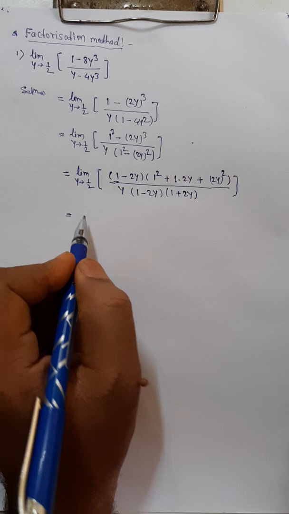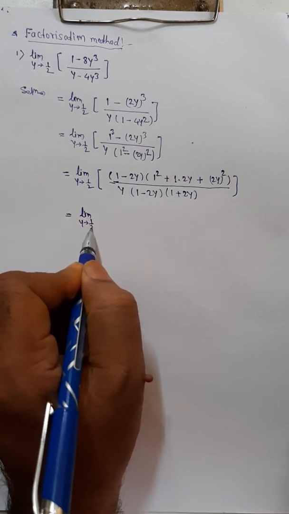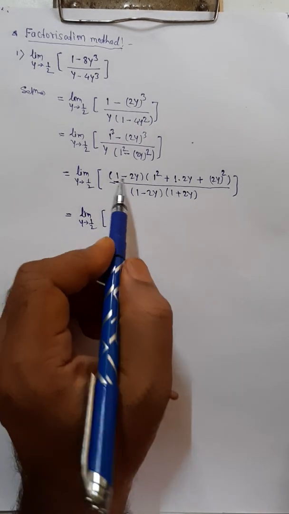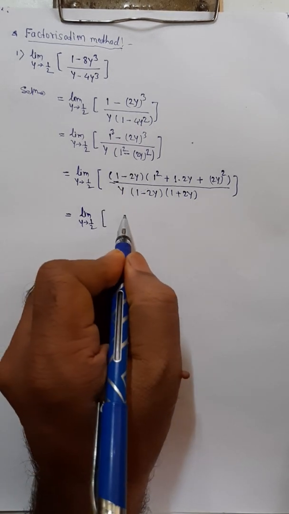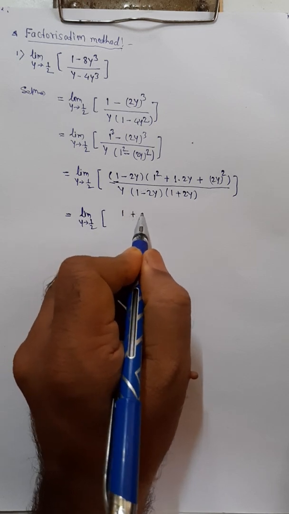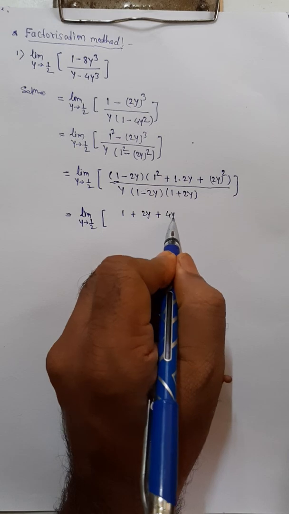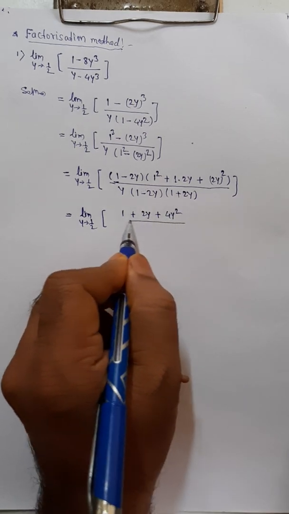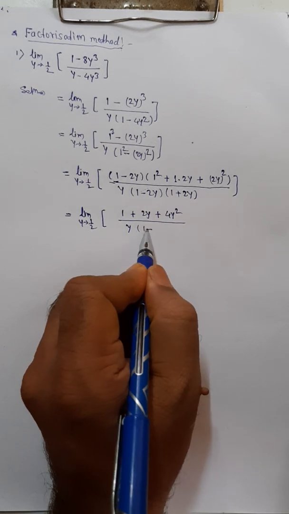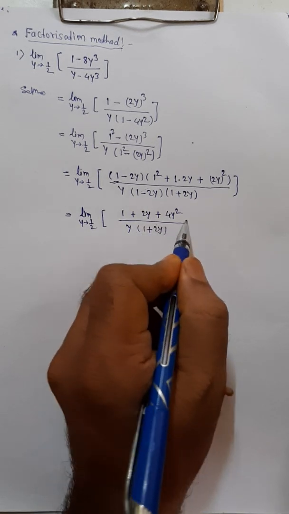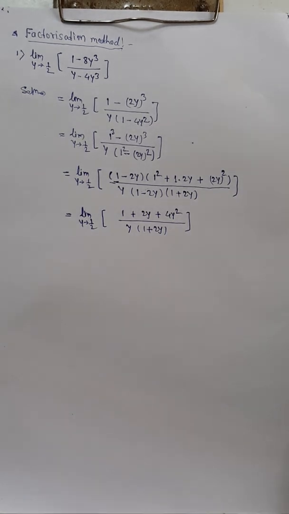So it is equal to limit as y tends to 1 by 2 in bracket, see here same bracket 1 minus 2y cancel, and we get 1 plus 2y plus 2y square means 4y square divided by y, 1 minus 2y cancel into 1 plus 2y. After cancelling common factor we can take the limit.